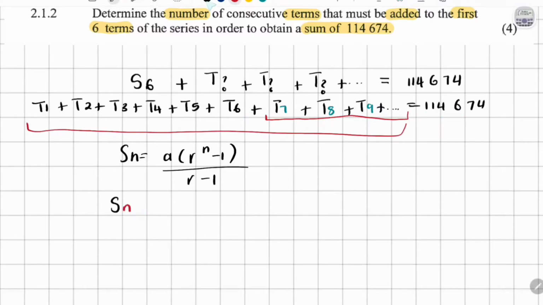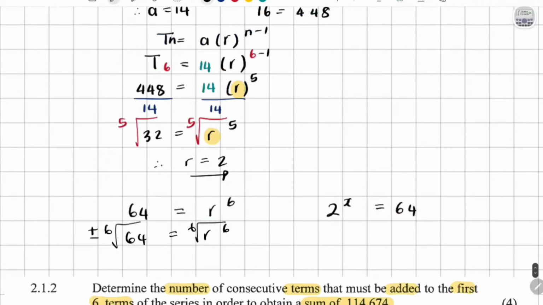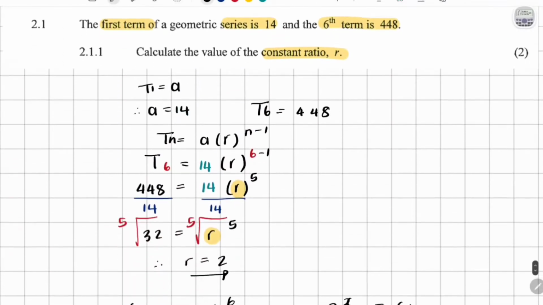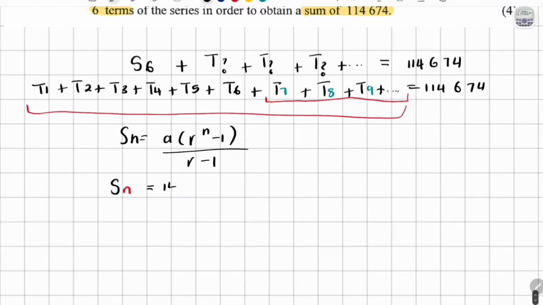So S of n is equal to the value of A, we know that, that's 14, and R is 2. So 14 multiplied by 2 raised to the power of n, we still don't know what n is, minus 1, all over R minus 1, which is 2 minus 1.